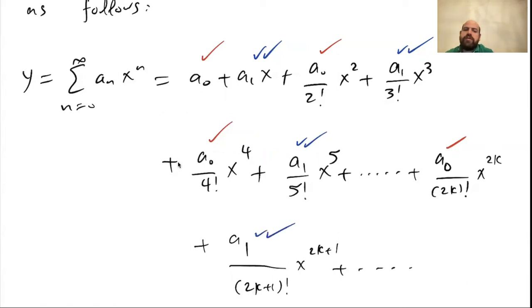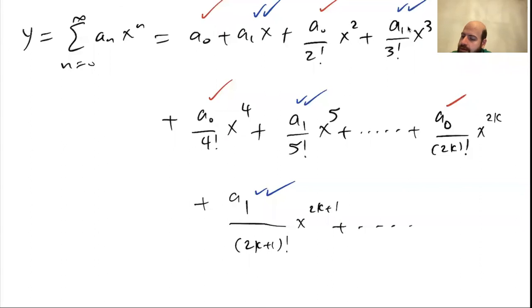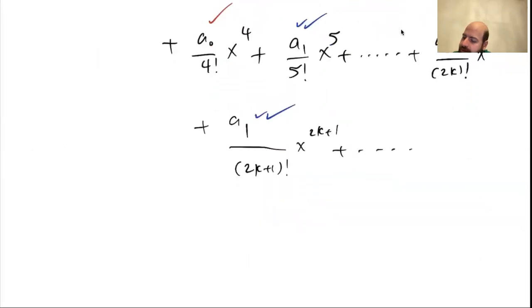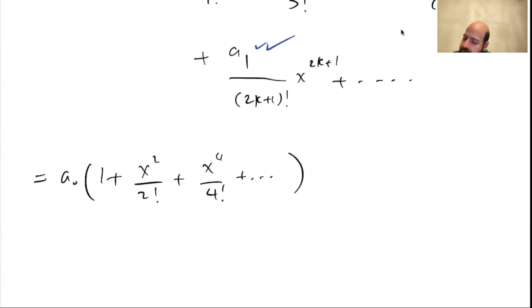So regroup them together. So I will have a0 times 1 plus x squared over 2 factorial plus x to power 4 over 4 factorial, and so on, plus a1 times x plus x cubed over 3 factorial plus x to power 5 over 5 factorial.